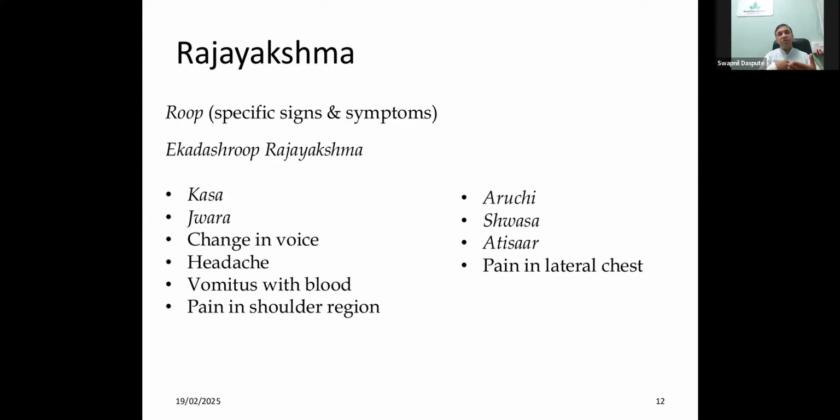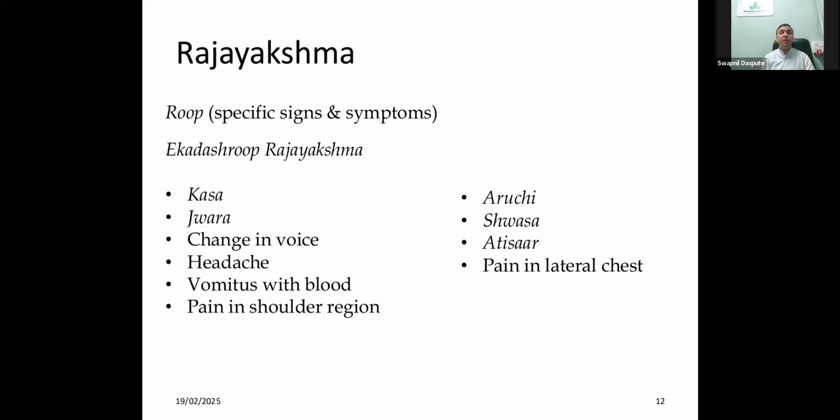However, as the heart and lungs are in the upper part of the body, you will see more symptoms in the upper part of the body.